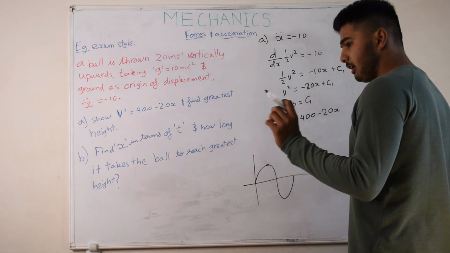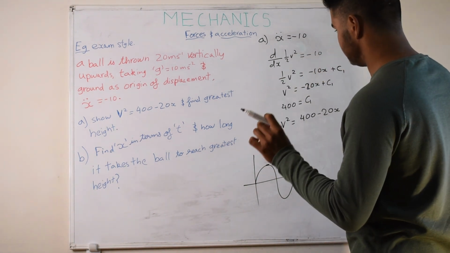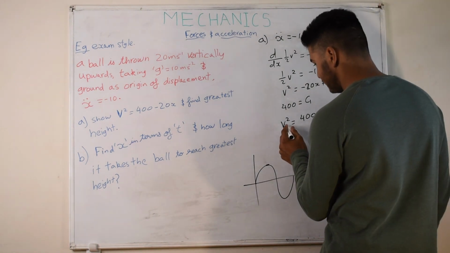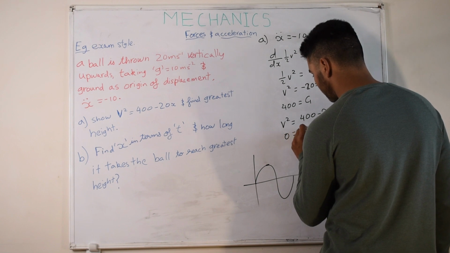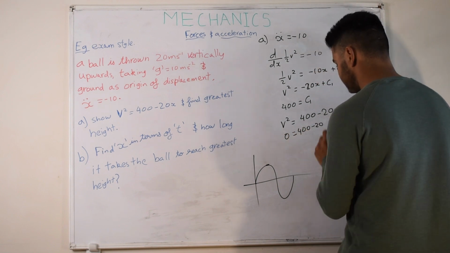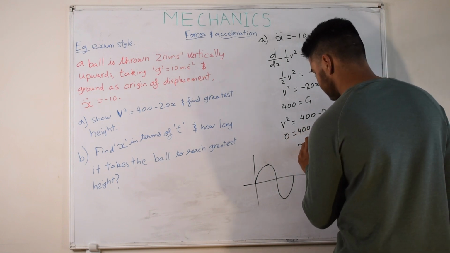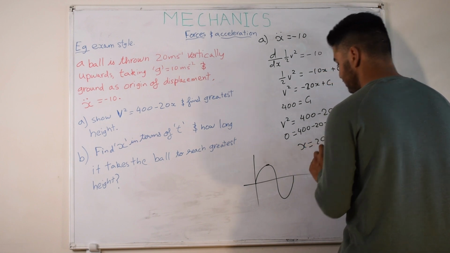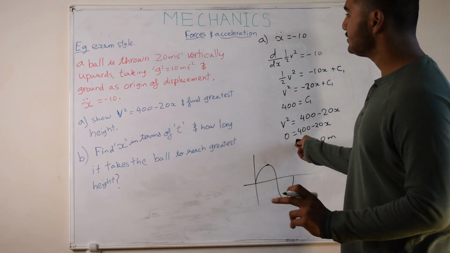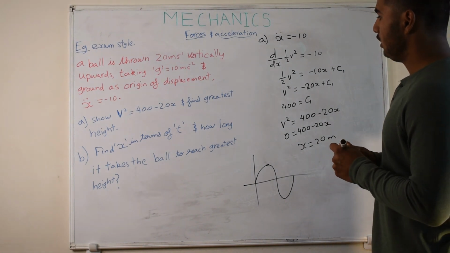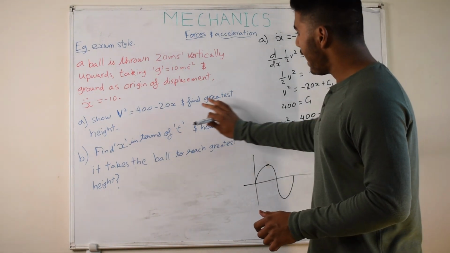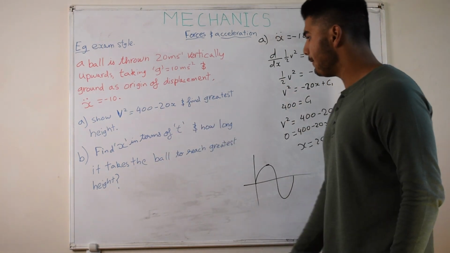The turning point is when the velocity is always 0. So in this case, v is going to be 0. 400 minus 20x, so x then equals 20 meters. So the greatest height this ball reaches is 20 meters. That is how we do A. Let's get on to B now.